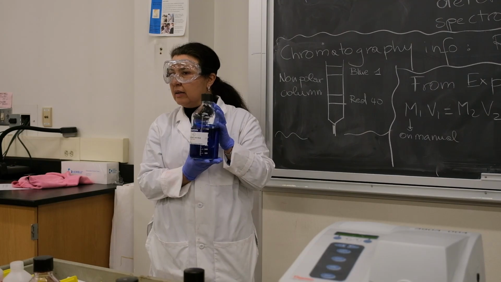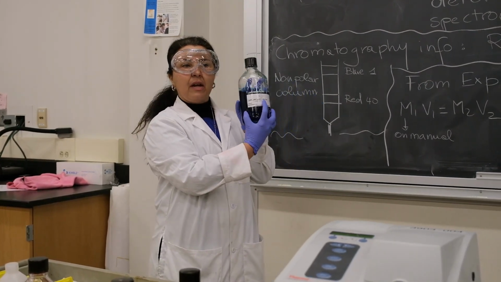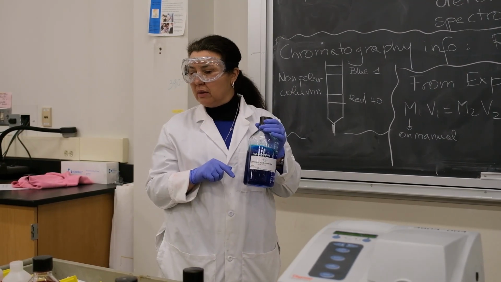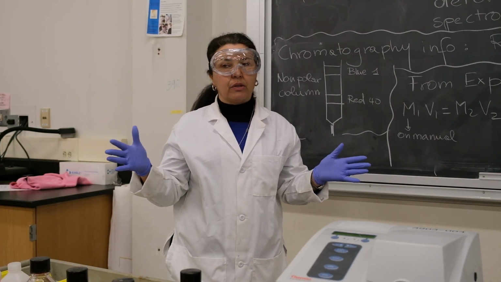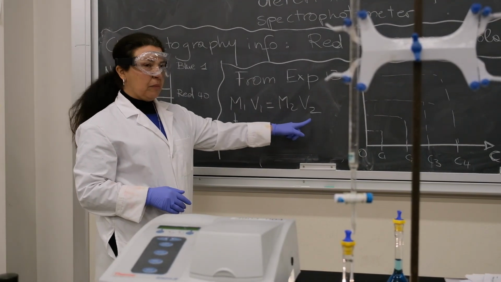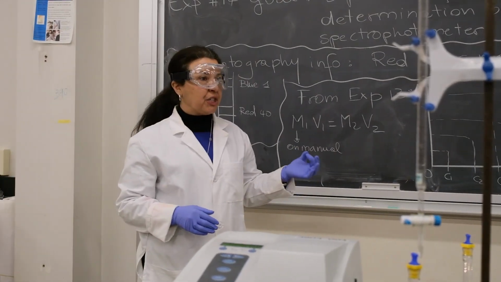There is another dye, they are all food dyes, and the concentration is written here. The concentration of the dyes are also written in your manual. Why do we need to know the concentration of the dye? Because we're making dilutions, right? And we're using M1V1 equal to M2V2 to figure out what is the concentration of each dye.